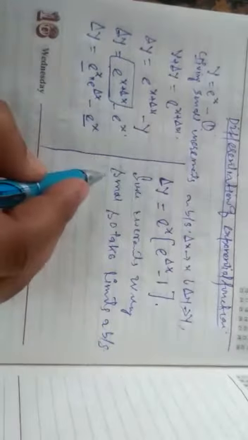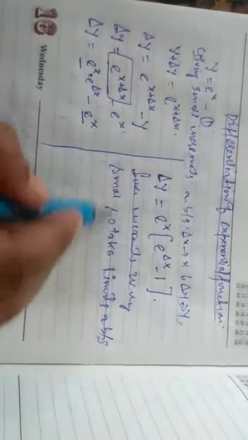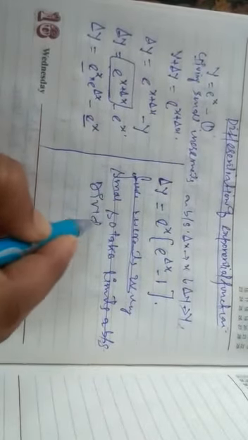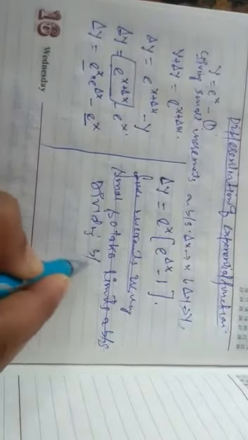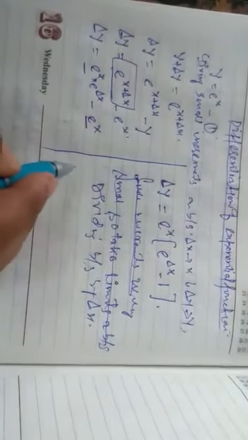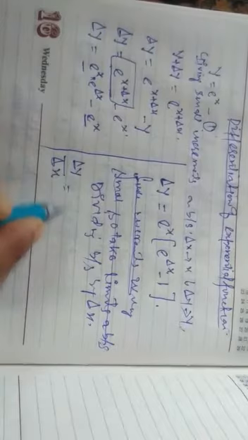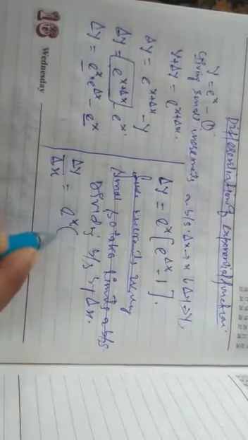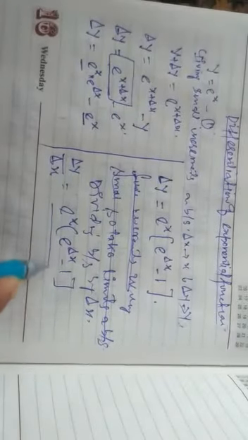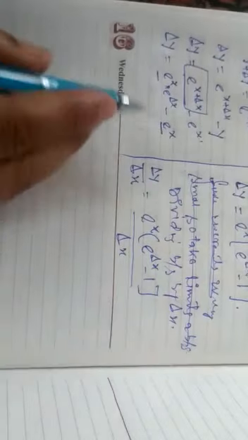For the first step, we have to divide both sides by delta x, then we can take limits. We cannot take limits first. It will be delta y by delta x equals e raised to the power x into e raised to the power delta x minus 1 divided by delta x.